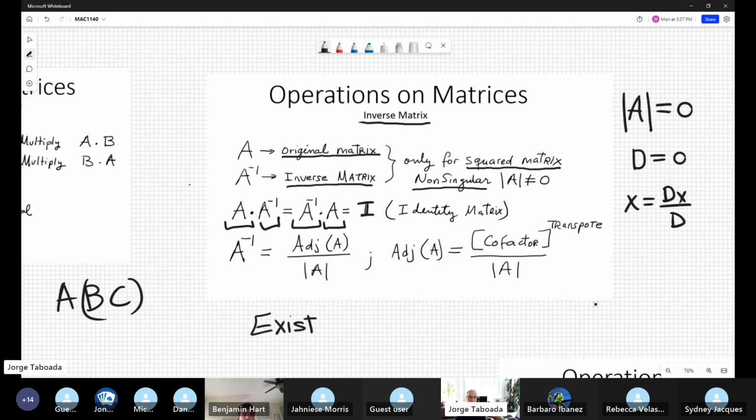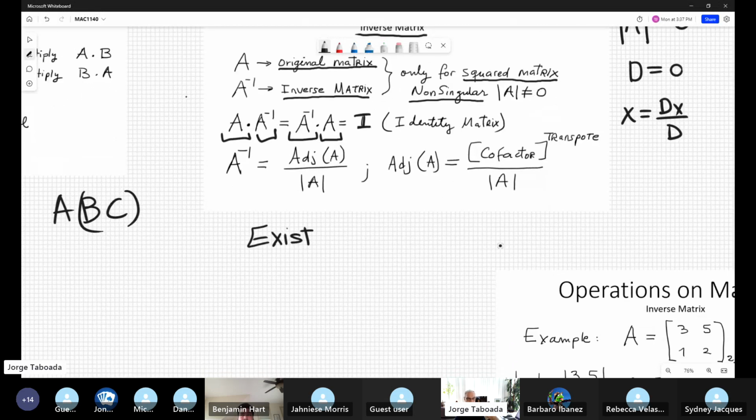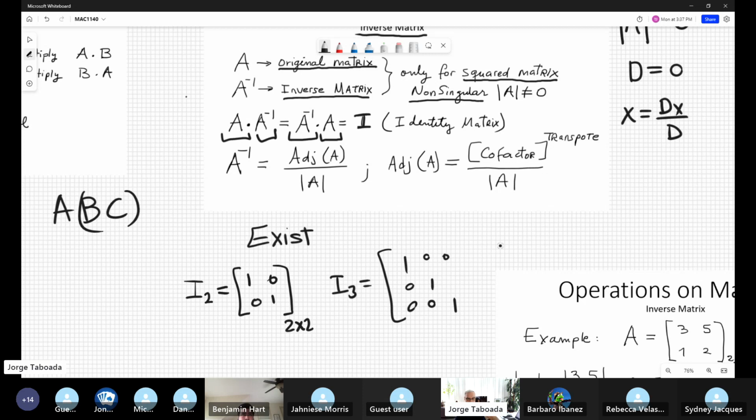I recall that the identity matrix of dimension 2 is a matrix like that: 1, 0, 0, 1, 2 by 2. Identity matrix of dimension 3 is 1, 0, 0, 0, 1, 0, 0, 0, 1, and so on. Identity matrix 4 has 16 elements. The main diagonal is always 1, and the rest is just 0.